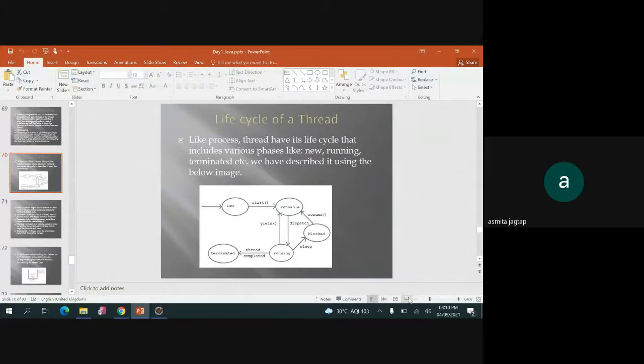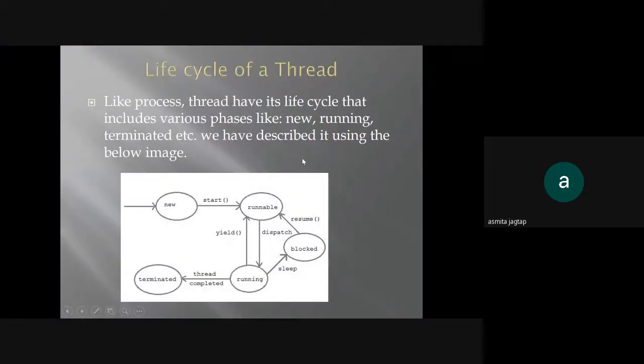The thread will have its own life cycle, like a process or a method has its own life. A method is declared, you write everything inside curly braces, and after calling, the method ends. In the same way, a thread has its own life cycle that includes various phases like new, running, terminated.